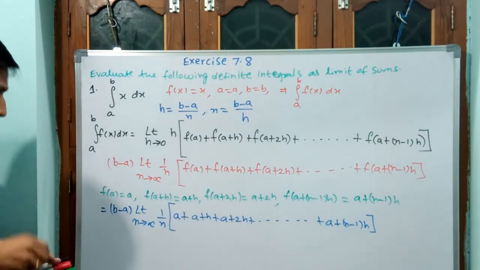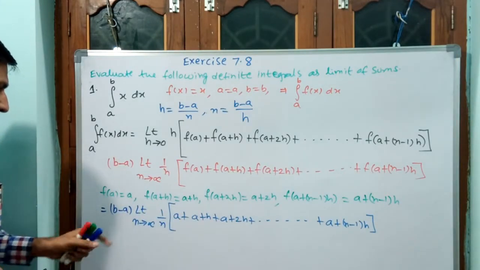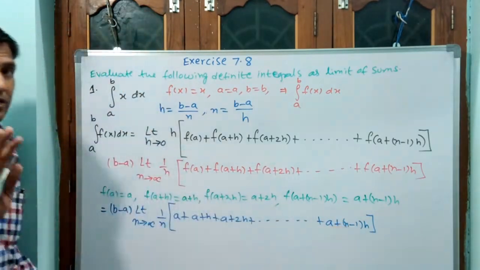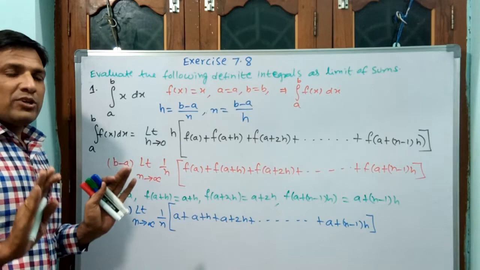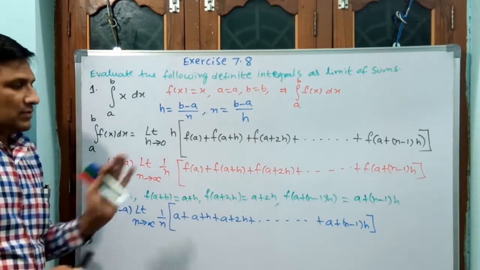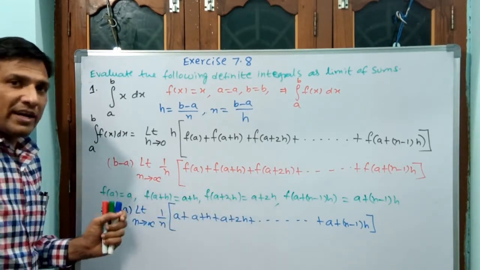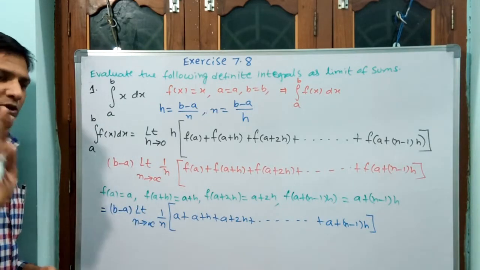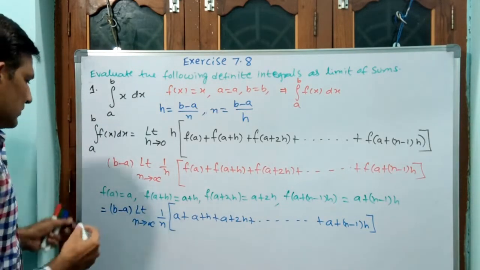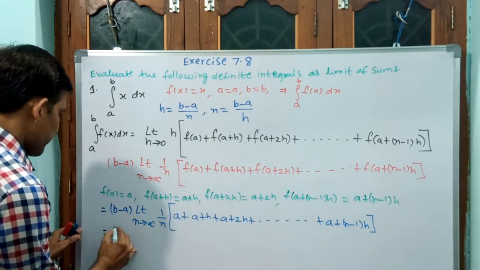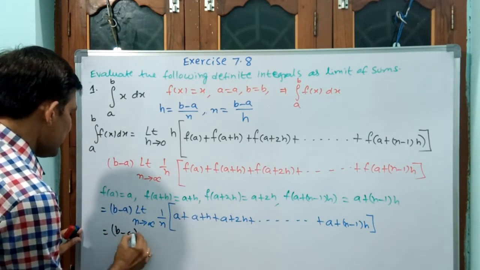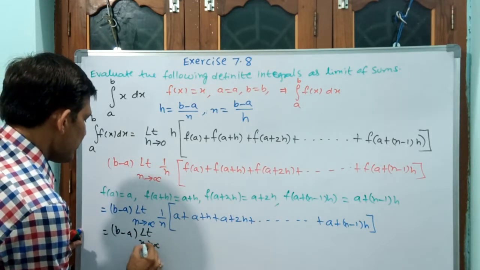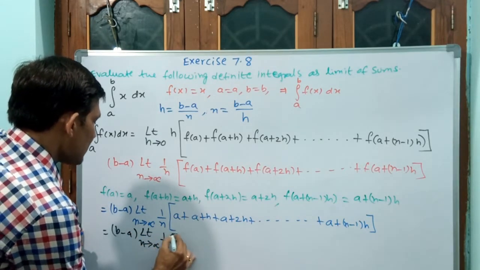Okay. Now, see, outside you keep like this only, but inside some calculation you have to do. See, unless you have some knowledge of sequences and series, because sequence and series addition knowledge, you are not able to do this. Even though I am telling those formulae, you have to keep in your mind. Okay. Let us proceed. That is equal to b minus a into limit n tends to infinity 1 by n.